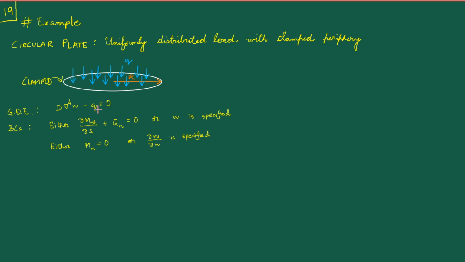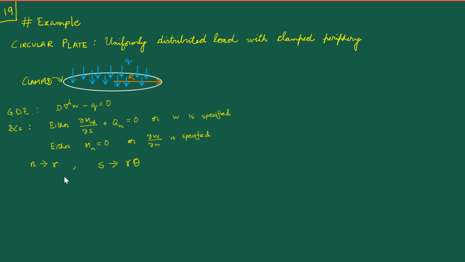However, a natural coordinate system of choice for this circular plate is of course the r theta coordinate system, that is the polar coordinate system, and we can easily understand that here the n variable will correspond to the r variable, and the s variable, which is along the periphery, will correspond to r theta. I believe this mapping will not be difficult for anyone to understand.